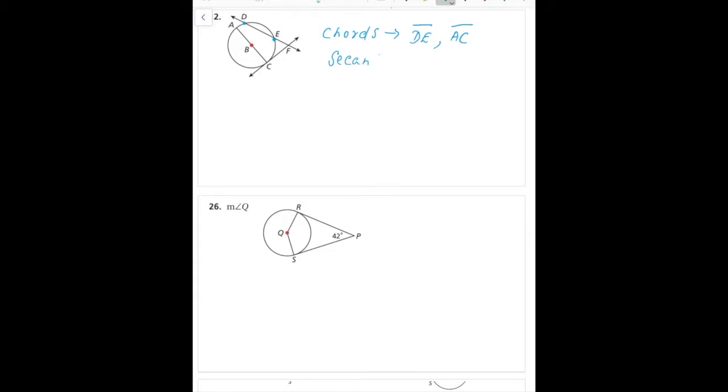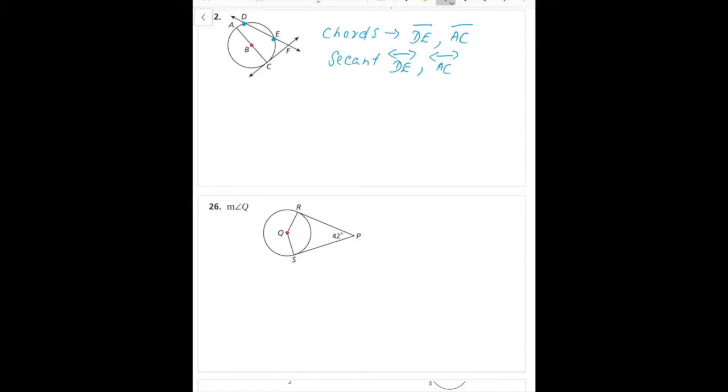And do I have any secant? A secant is any line that is intersecting the circle at 2 points. So I can see line DE, and I can say line AC too.